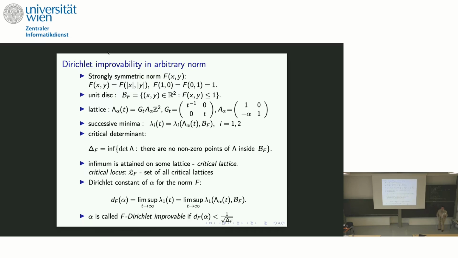So it is better for dynamists, maybe not for me. But nevertheless, I am giving the formal definition. So we consider this one-parametric family of lattices, and we consider its successive minima with respect to the ball which corresponds to our norm.